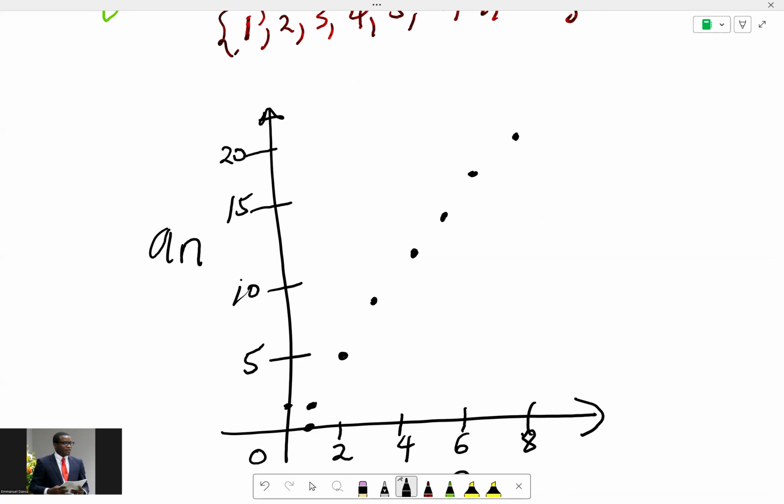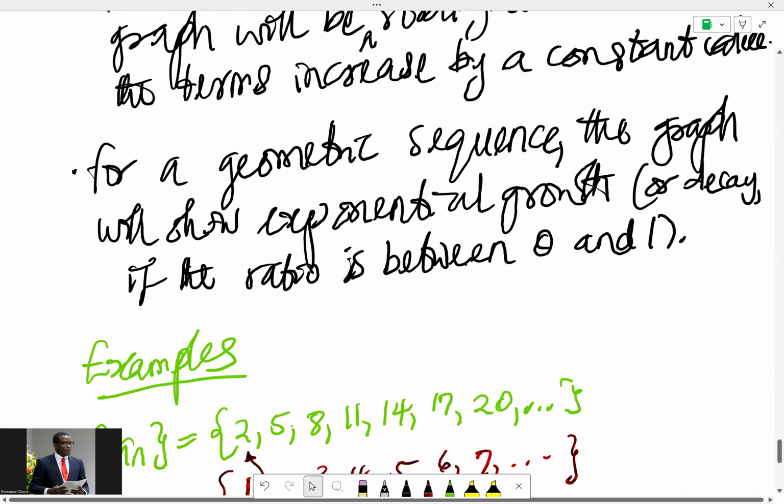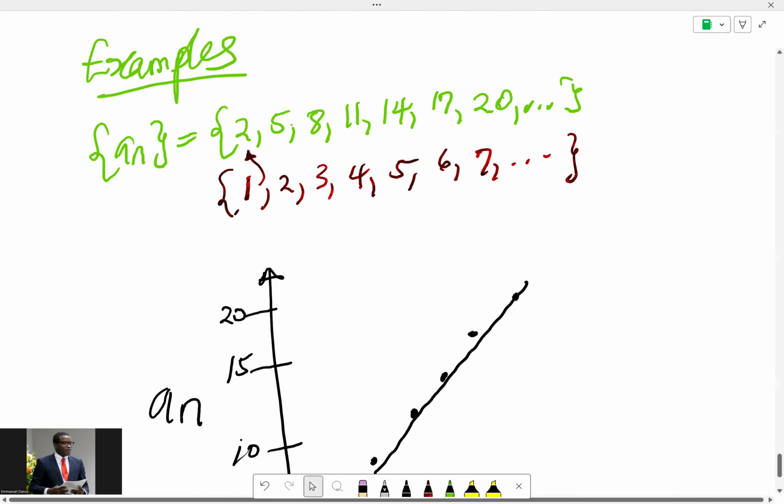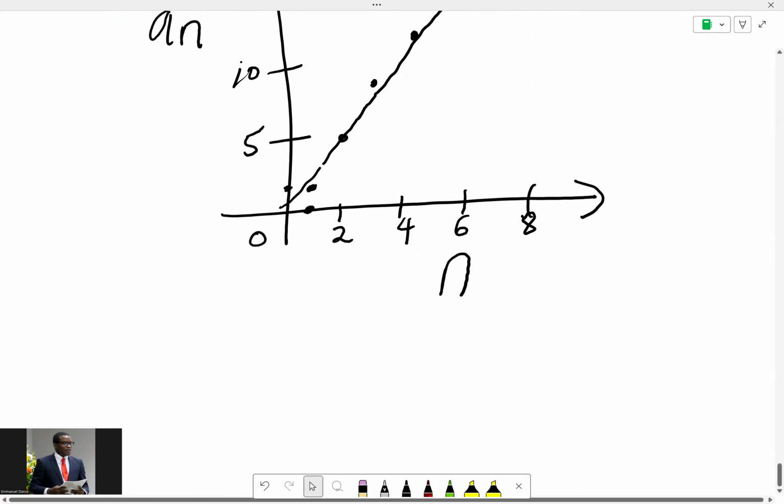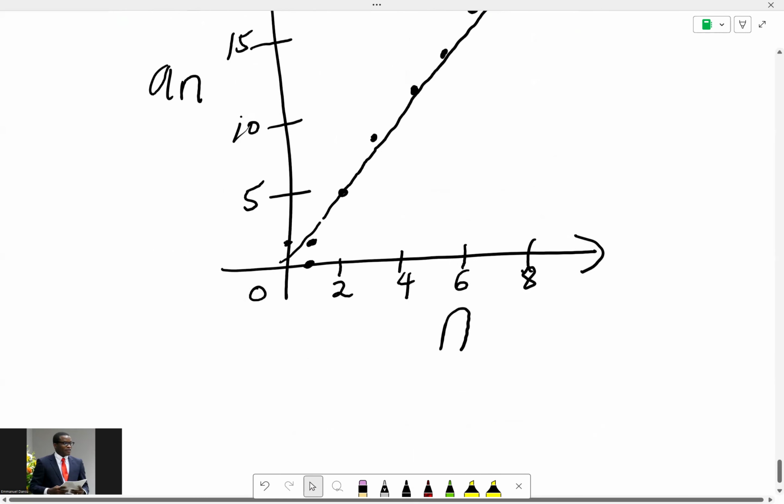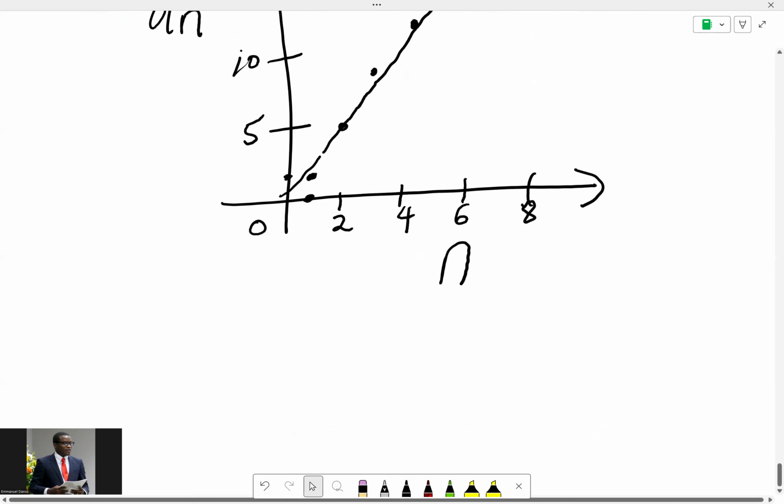So we can just join the line. It is supposed to be a straight line. Never mind that it's looking a bit wobbly. It should be a perfect straight line. So if we do a geometric sequence, it is going to be something increasing like that.